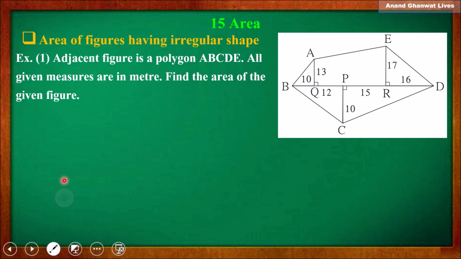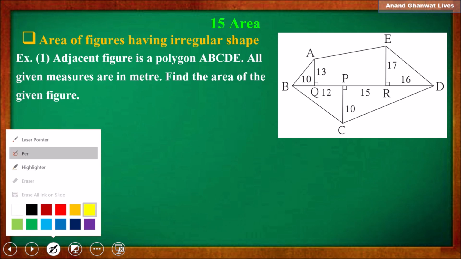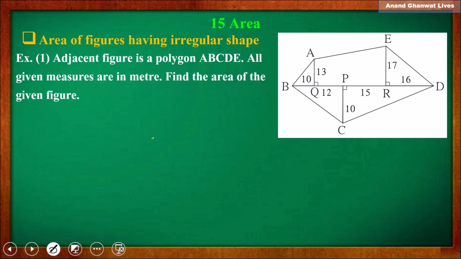Solution. First, we will find the area of triangle ABQ. What is the formula for the area of triangle ABQ, which is the right angle triangle? It is 1/2 into the sides making the right angle.